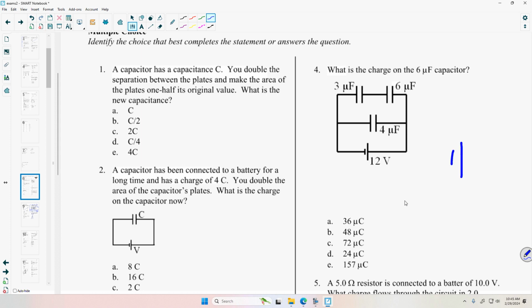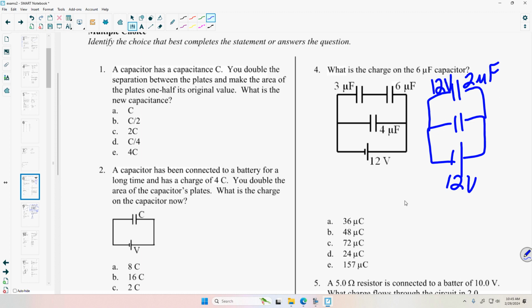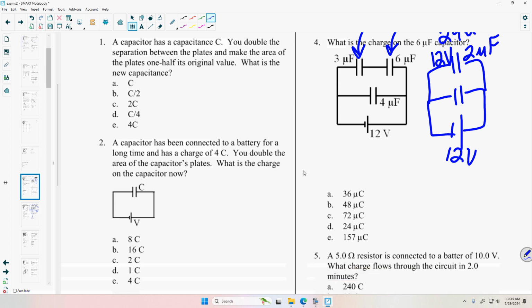If you didn't see that, let me draw the figure. This is 2 microfarads. This is 12 volts. I know I also have 12 volts there. And so the charge that's on that capacitor is 24 microcoulombs. That's also on that capacitor and on that capacitor, because capacitors in series have the same charge.